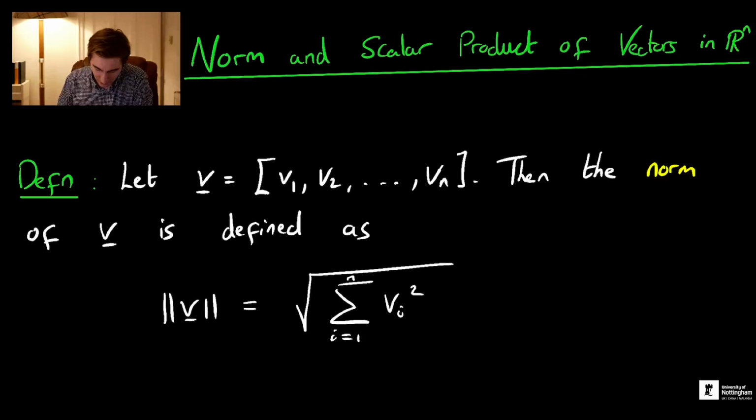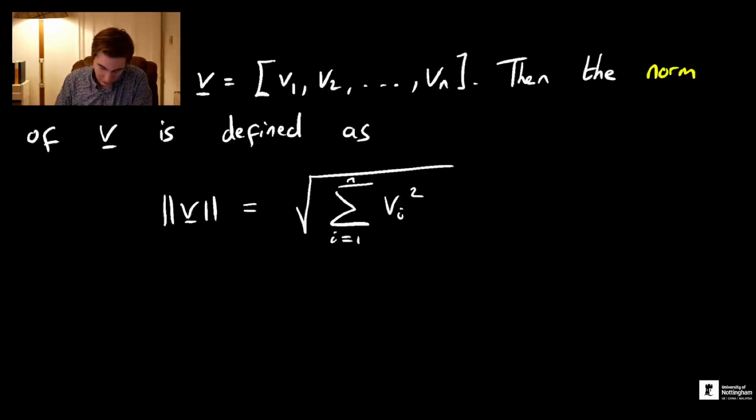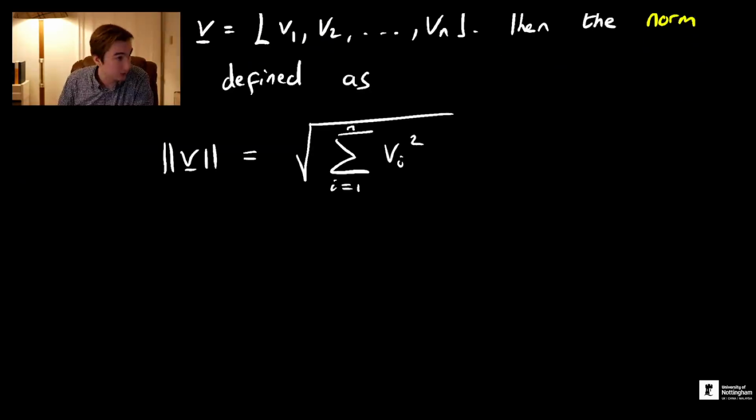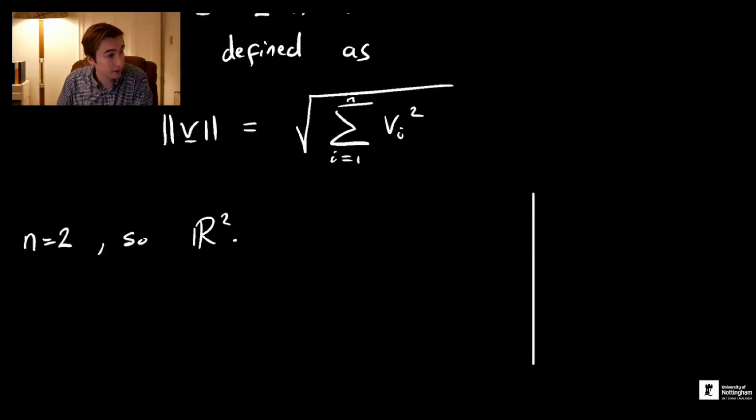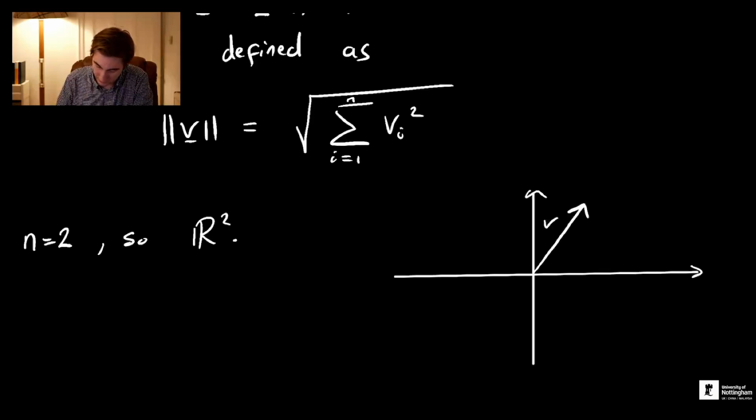Well, if I put in the case when n equals 3, or let's look even easier at when n equals 2, if I draw a picture of R2, and I think about my vector here can be V, this thing can be written as V1 and V2.